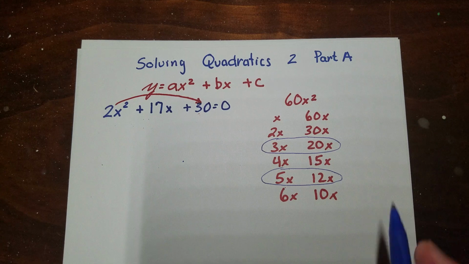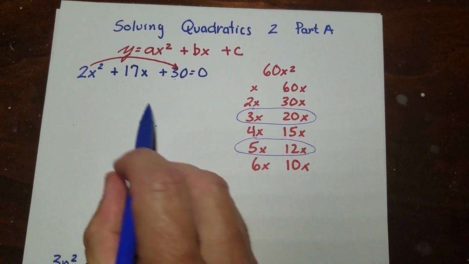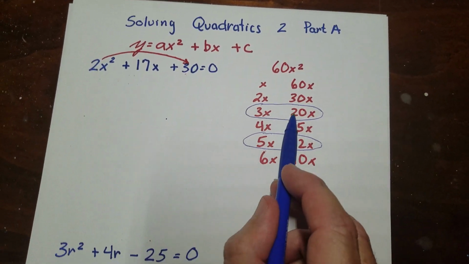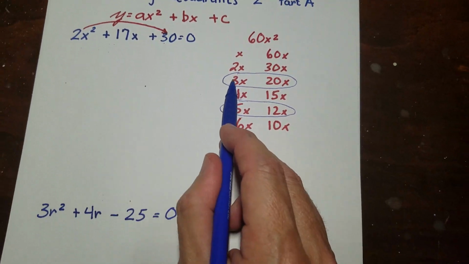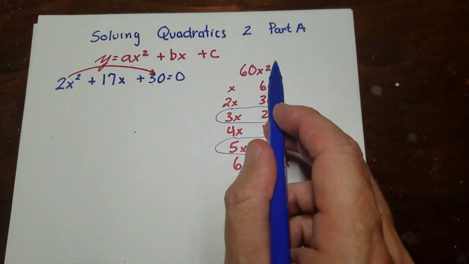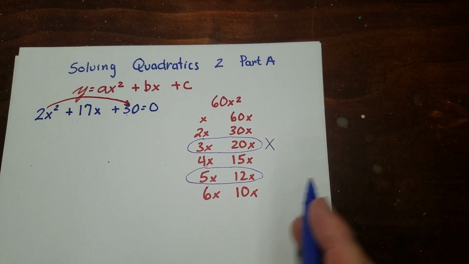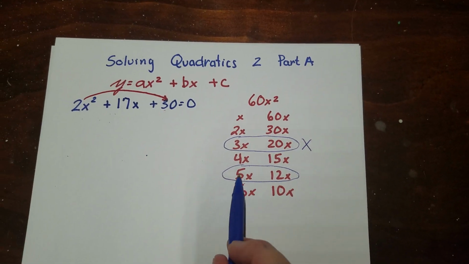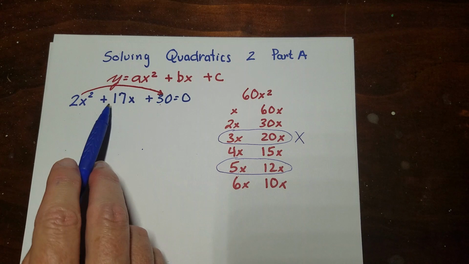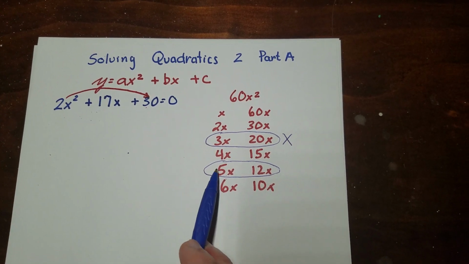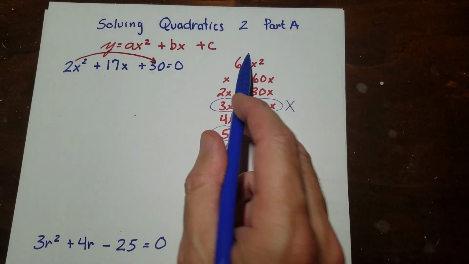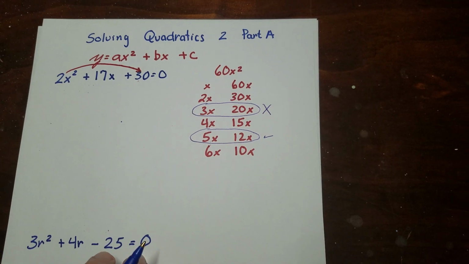The only way I could get a 17 is if this was a positive 20 and this was a minus 3. Minus 3 times 20 would be a negative 60, and this is a positive 60, so I know this won't work. This one, on the other hand, I could do a 5 plus 12, and if they're both positive, they'd add to 17. And 5 times 12 is 60, so I know that this one right here is going to work.